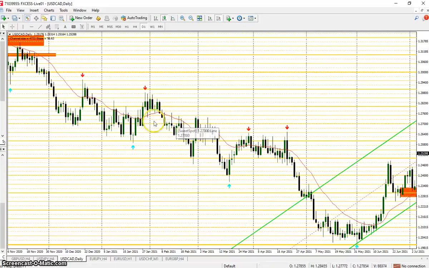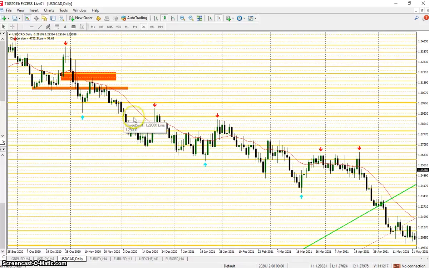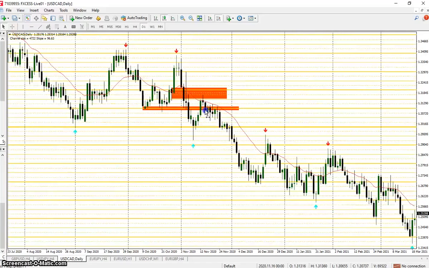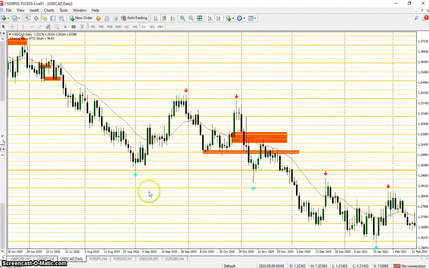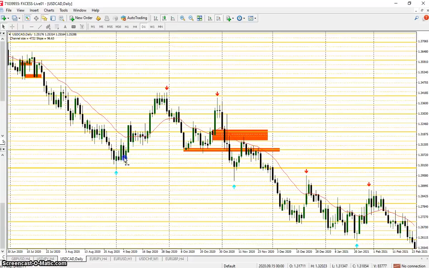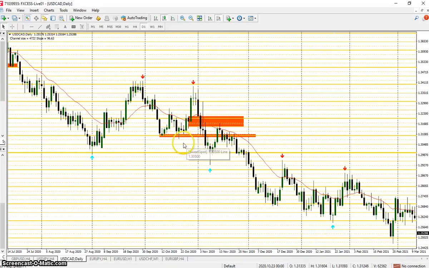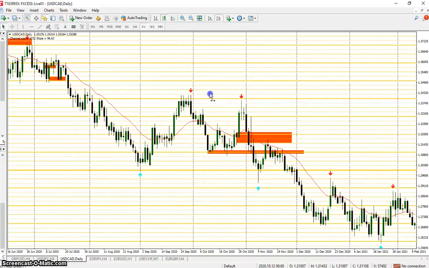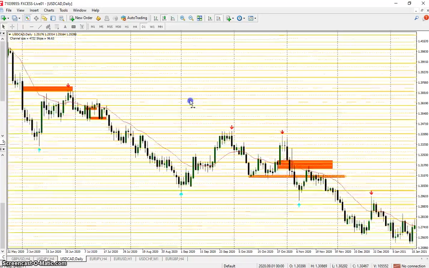This is another level in the market. Well, this one is not a good one. Yeah, this is another level in the market. This is a support, if you look at it from behind. Let's look for another one. Let's look for something that is clear. Area of support turned resistance.